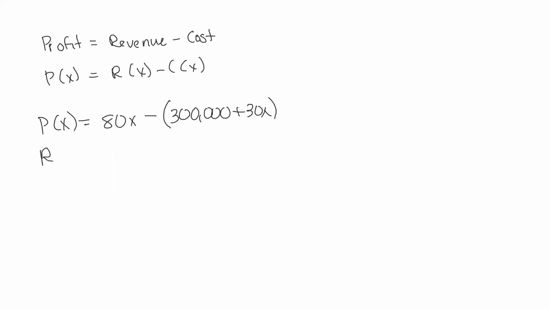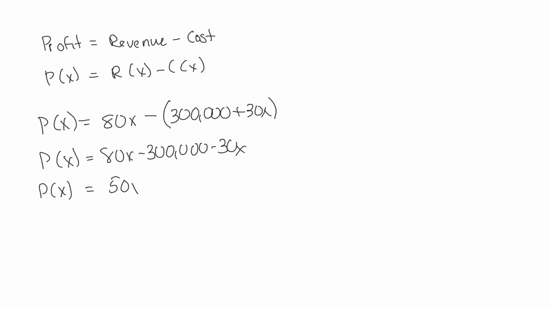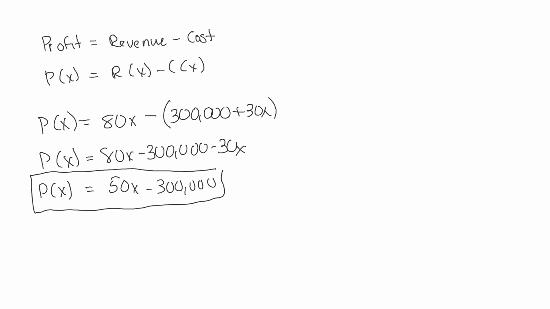So the profit function would then be 80X minus 300,000 minus 30X, or 50X minus 300,000. Okay, so this is the profit function. And we literally found this by taking the revenue function, subtracting the cost function.